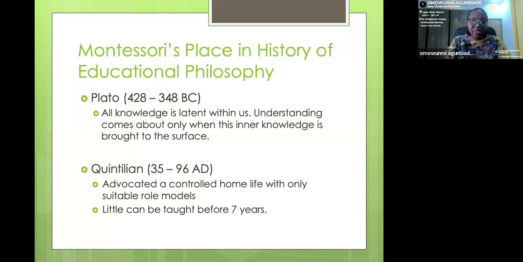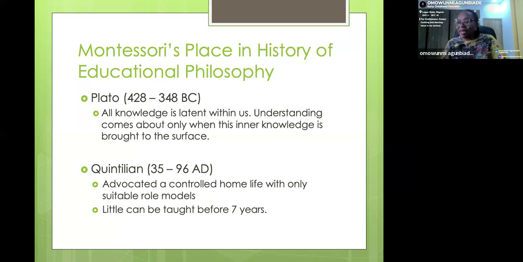The next one there is Quintilian. He advocated a controlled home life with only suitable role models. He believed that little can be taught before the age of 7.